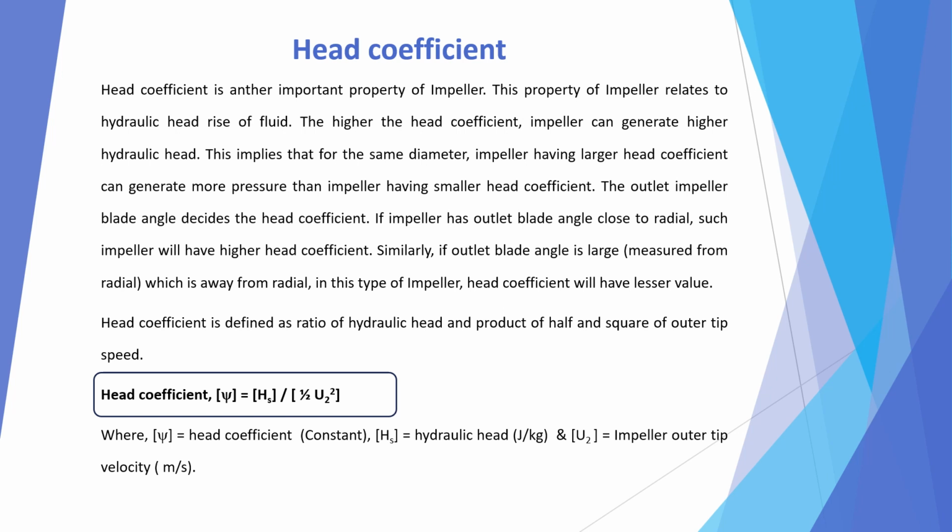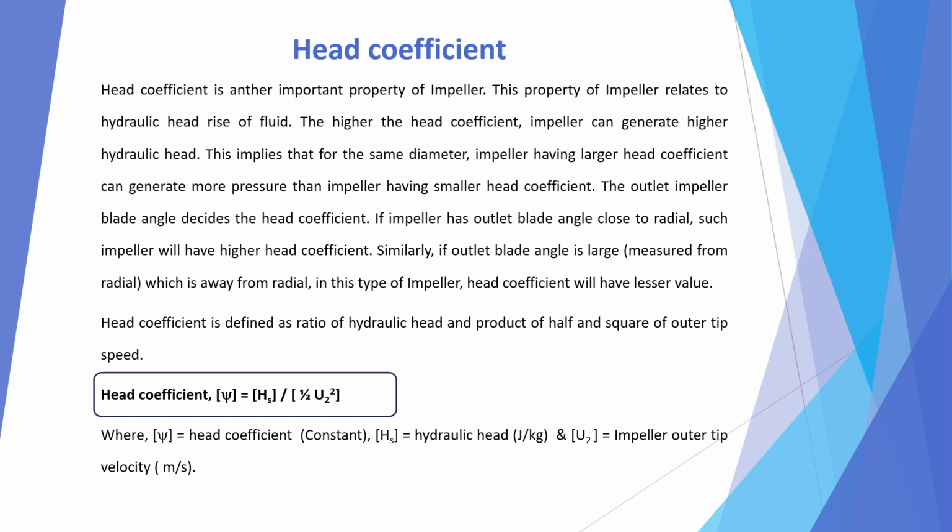Outlet impeller blade angle decides the head coefficient. If impeller has outlet blade angle closer to radial, such impeller will have higher head coefficient. Similarly, if the outlet blade angle is larger, measured from the radial, which is away from the radial, in this type of impeller, head coefficient will have lesser value.